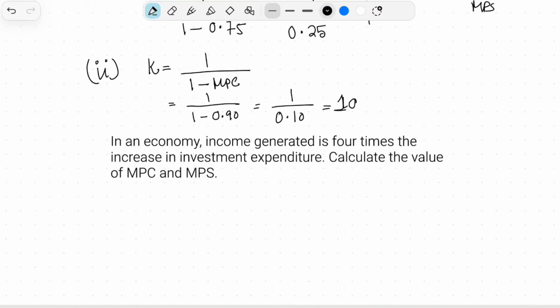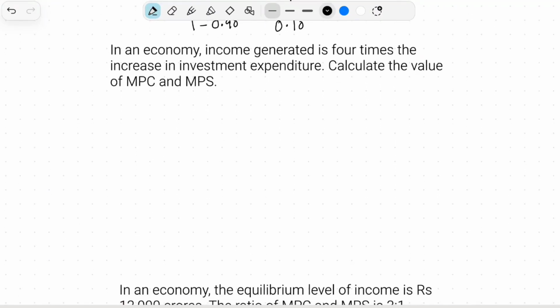Next, we shall proceed to question number 2. The question says, in an economy, income generated is 4 times the increase in investment expenditure. Calculate the value of MPC and MPS. As I have explained earlier, we get the value of the multiplier in times.